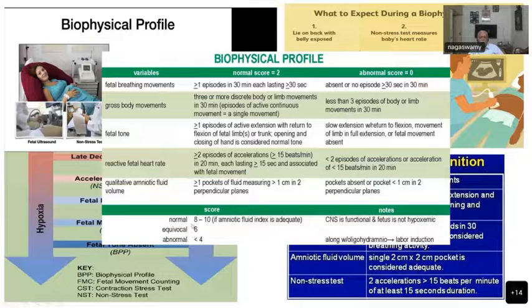Whereas if you get a score of 6, it may or may not be good, so that's called equivocal. If it is less than 4, it is definitely abnormal, and at less than 2, it will definitely require intervention, as he rightly put it.